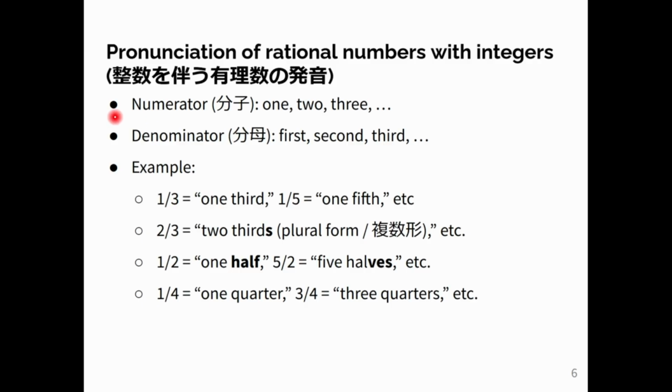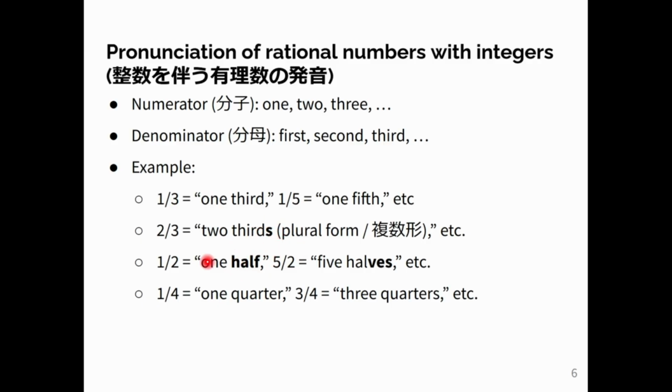But we call the denominator first, second, third, which is called the 順序, order, expressing orders. For example, 3分の1 is called 1/3, and 5分の1 is called 1/5. And how about when the numerator increases, like 3分の2? It is called 2/3. It's a 複数形, plural form.